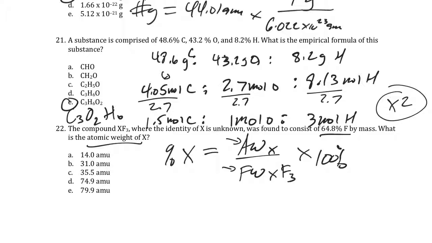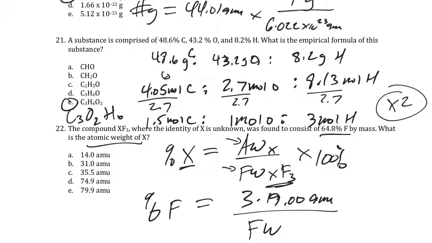So the percent of an element in the compound is just the atomic weight of the element divided by the formula weight of the compound. So I could, though, take the percent F and know that it's 3 times 19.00 AMU divided by the formula weight of XF3 times 100% and know that that's equal to 64.8% as given in the problem.